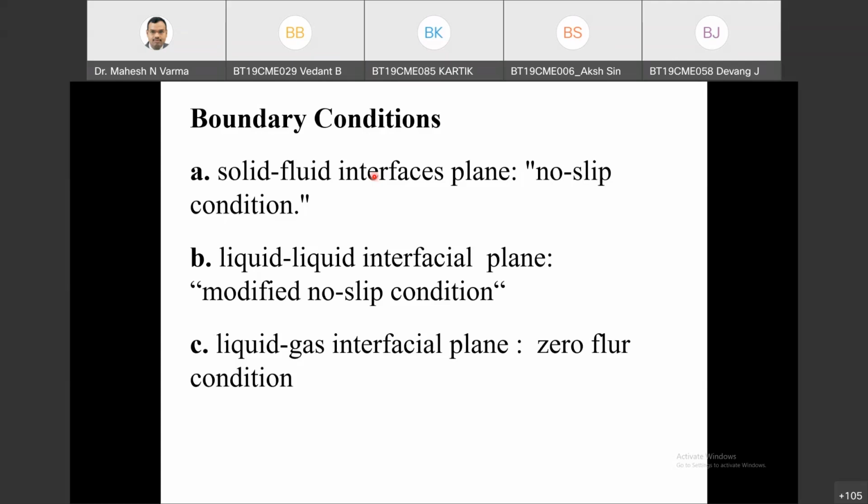At r equals capital R, the radius of the pipe, the velocity Vz equals 0. That is one boundary condition. Is any other boundary condition available, Aksh? Sir, we need two, so there must be one more.